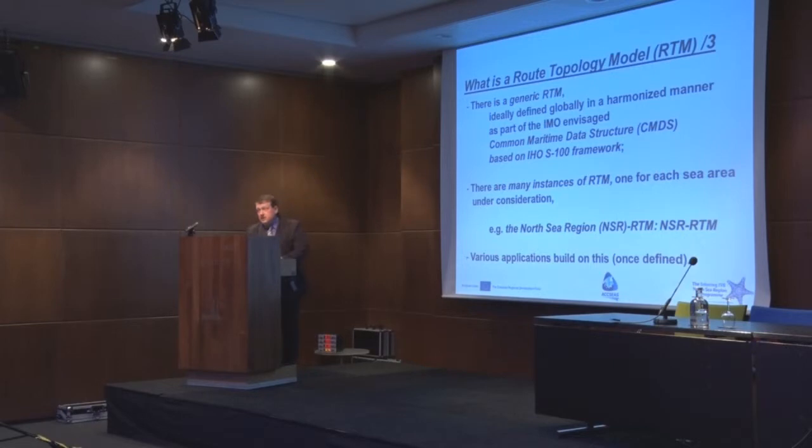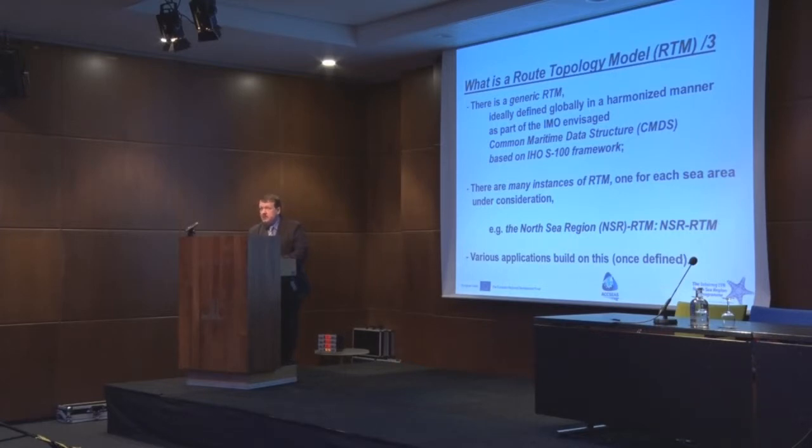It needs to be discriminated between the generic domain and the instance domain. Generic domain means that is something we develop kind of for everybody to use in a global scale, if you will. And that is a contribution to e-navigation. And it was mentioned by Peter already, a common maritime data structure based on IHO S100 framework. And of course this RTM is intended to end up in some way or another in this framework in a generic way.